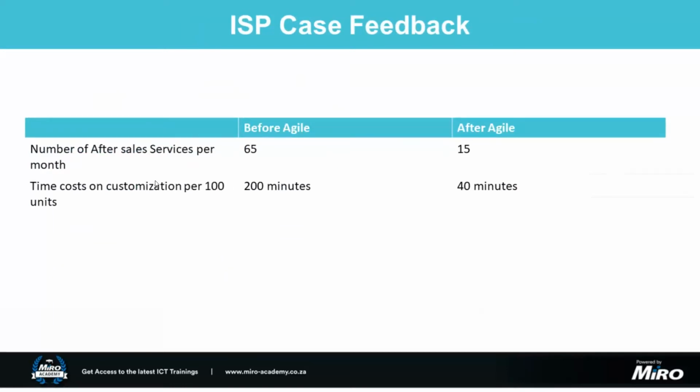The time cost of customization per 100 units, which would typically take about 200 minutes to configure 100 Wi-Fi routers, is now reduced to about 40 minutes, as you do that config once, and then it gets relayed onto those 100 routers in one single go. So between the batch configuration and the failover function to your ISP config, there are some massive benefits there. And these come standard with a select few Agile Configuration routers from TP-Link that I will highlight shortly.